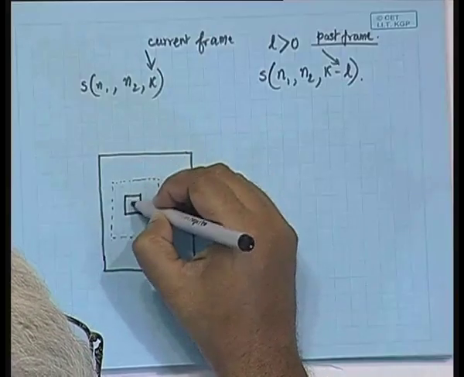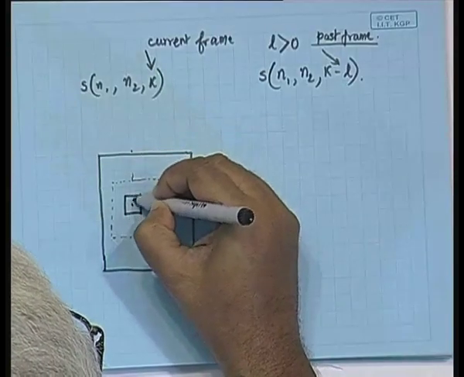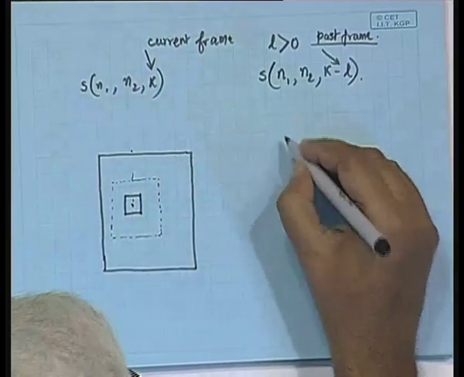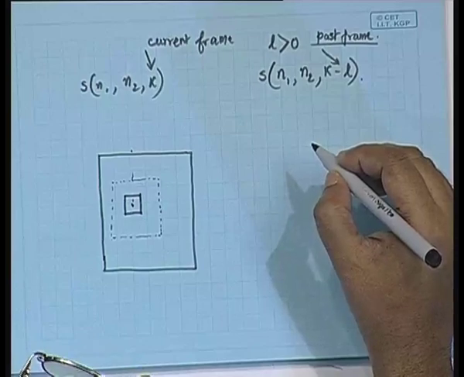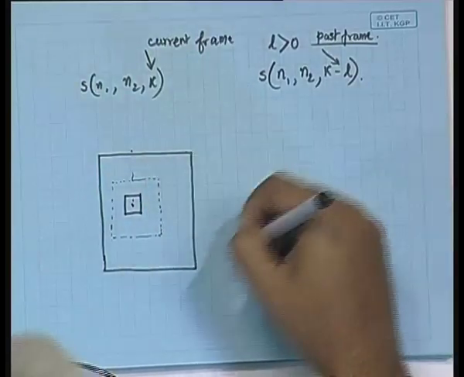Then every physical object is going to have some restriction about the object motion. So, whenever we are considering the search window, there is a particular range over which we should search. There is no point in searching everywhere.